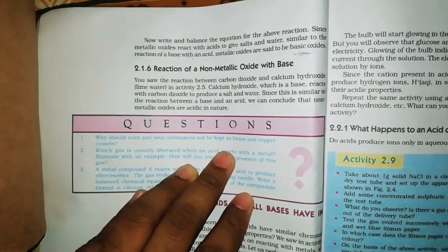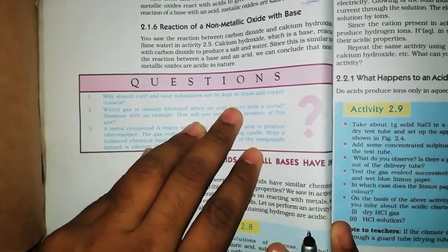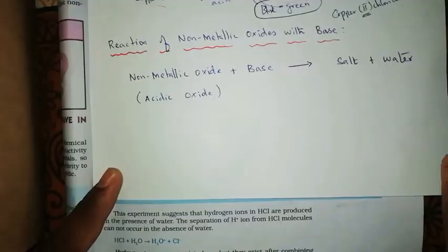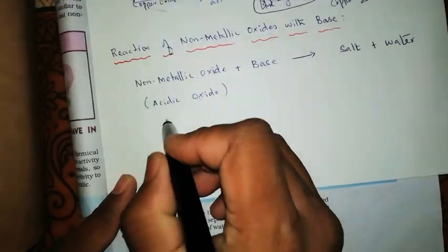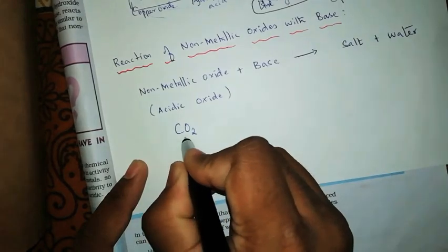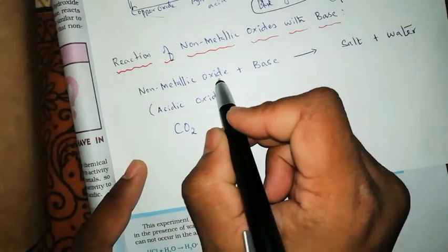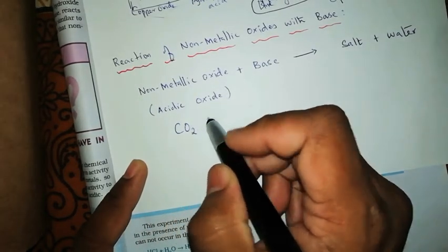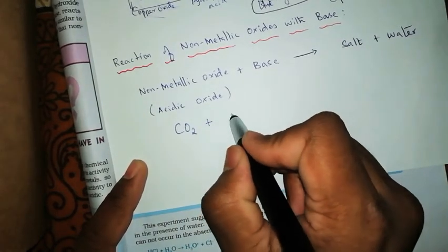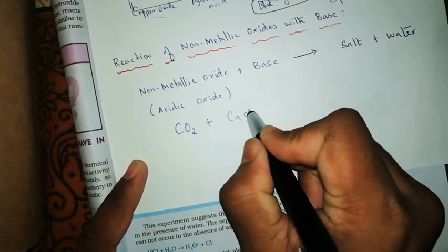Let's see what happens when a non-metallic oxide reacts with a base. Let us look at this equation. Non-metallic oxide, I am going to take carbon dioxide. Carbon dioxide is a non-metallic oxide. It is going to react with the base, which is also given in your book, calcium hydroxide.